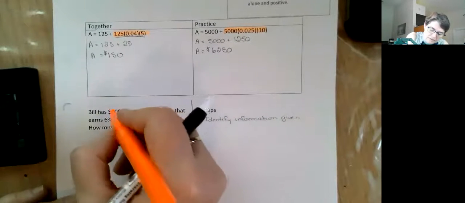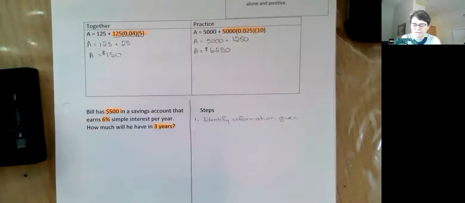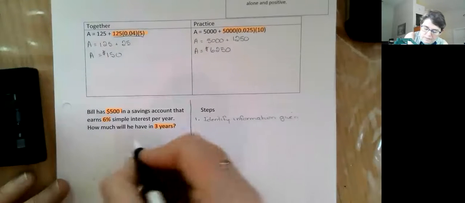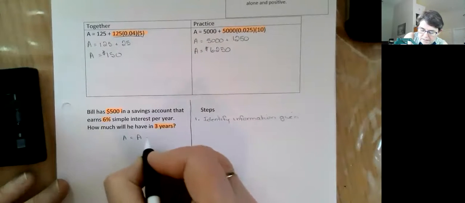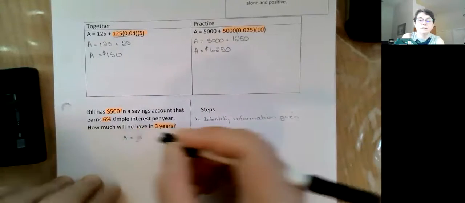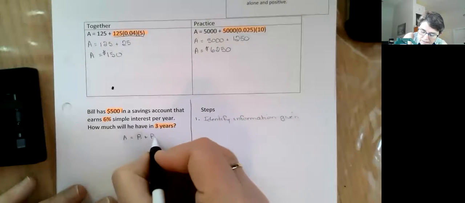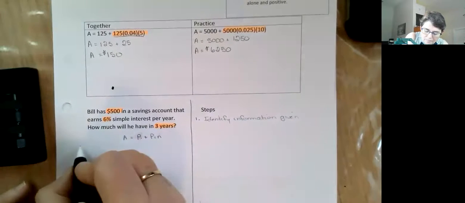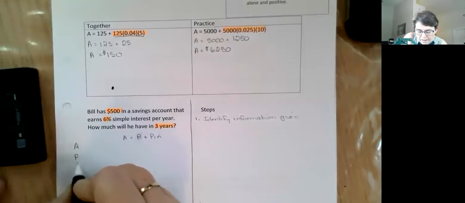We've got 500, 6%, and 3 years. What I like to do is write my formula over here. A is equal to P plus PIN. And over here, A, P, I, N.